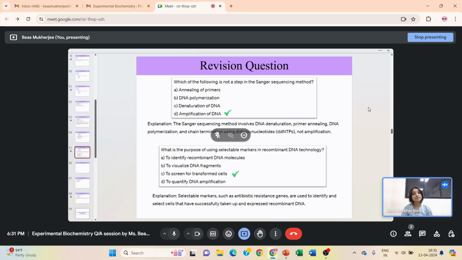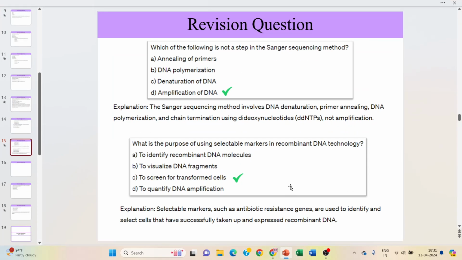Explanation: Sanger sequencing method involves DNA denaturation, primer annealing, DNA polymerization, and chain termination using dideoxynucleotides, not amplification. And again, selectable markers such as antibiotic resistance genes are used to identify and select cells that have successfully taken up expressed recombinant DNA. Okay, we move on to the next question.